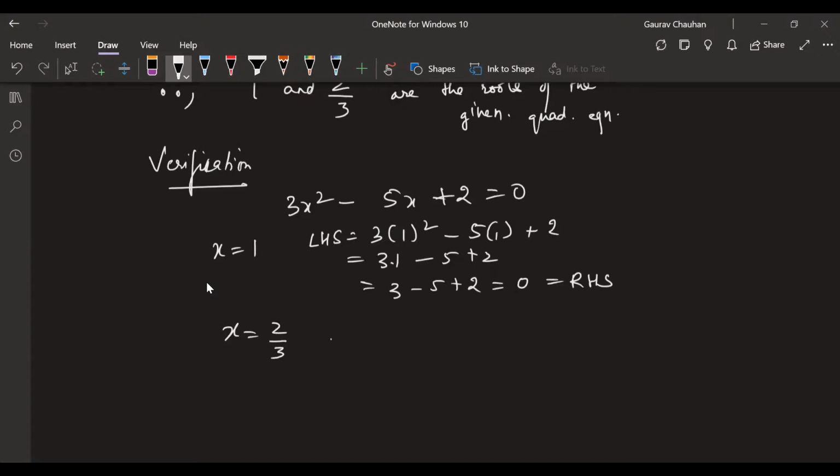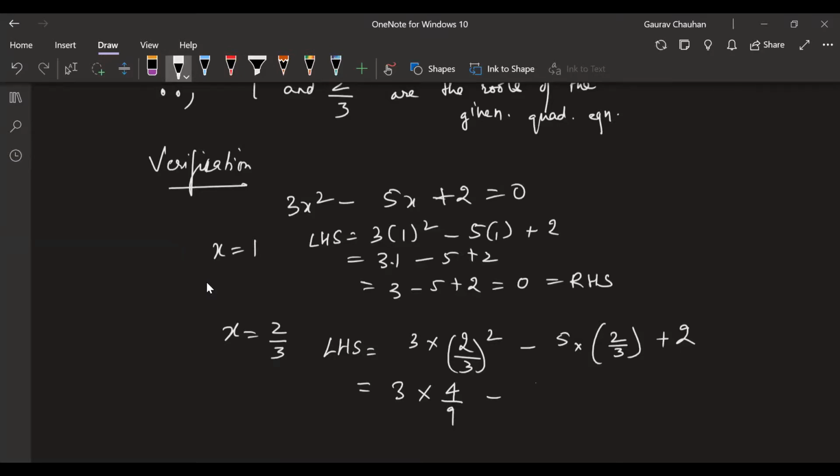Let's take x equal to 2 by 3. I'll get LHS equal to 3 into 2 by 3 square minus 5 into 2 by 3 plus 2. You don't have to do the verification all the time, but just for our satisfaction, we have learned this method just now, whether it works or not, we are going to check. So 3 into 4 by 9 minus 10 by 3 plus 2.